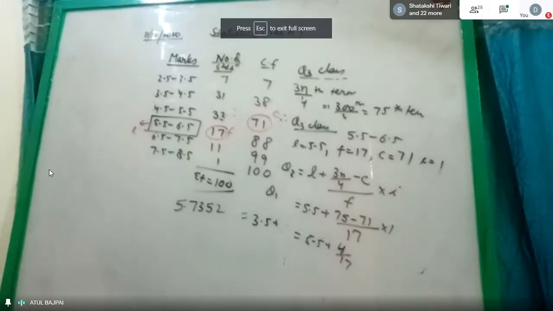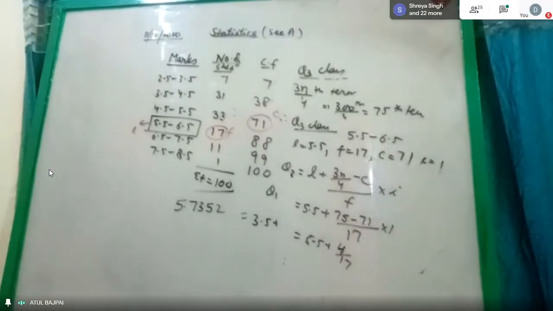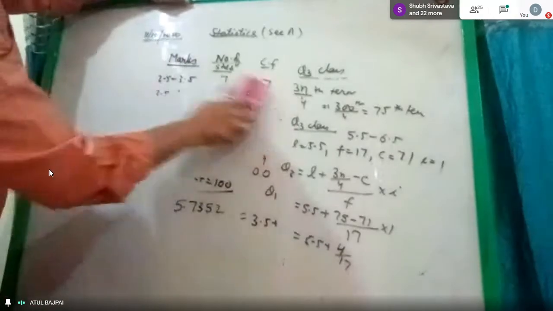Let us write the formula of mode now. Initially, we used to take mode as the highest frequency. Now for the class interval, let us take a question for mode. But before that, let me tell you the formula.